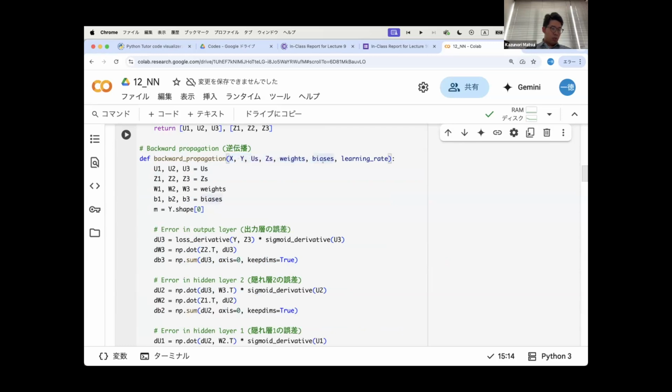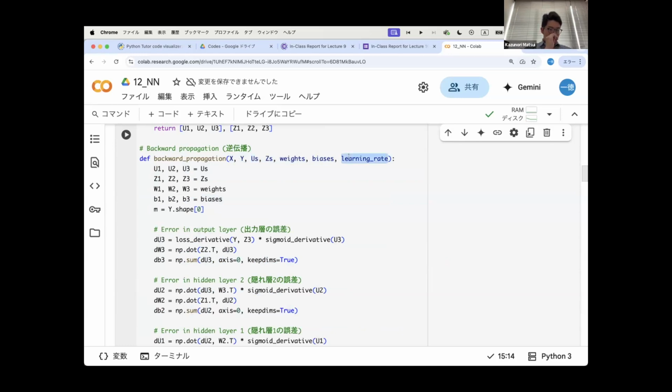We know the input value and output value, and we put in how we calculate during forward propagation and what calculation result we got. Finally, we specify the learning rate.